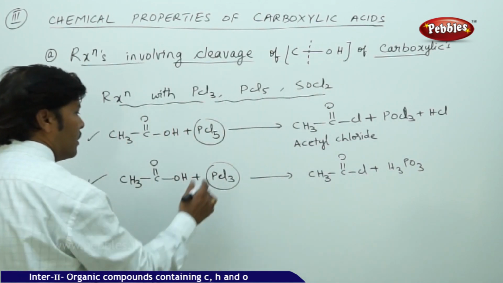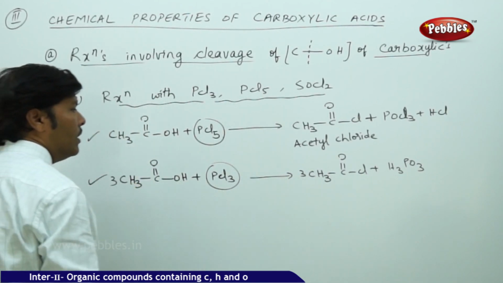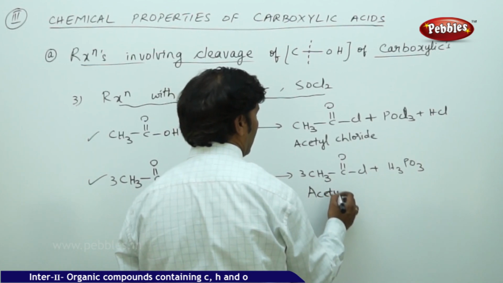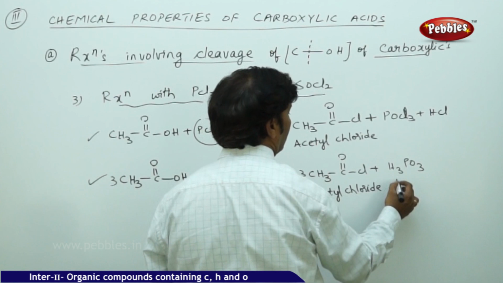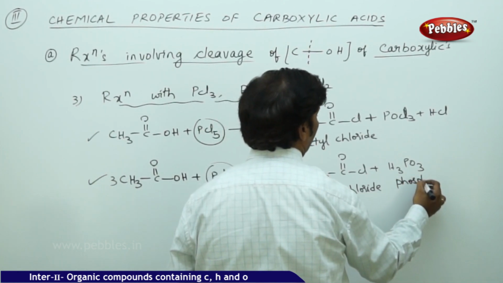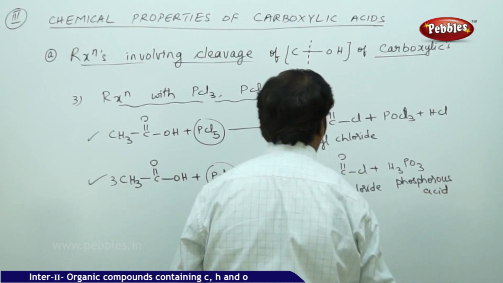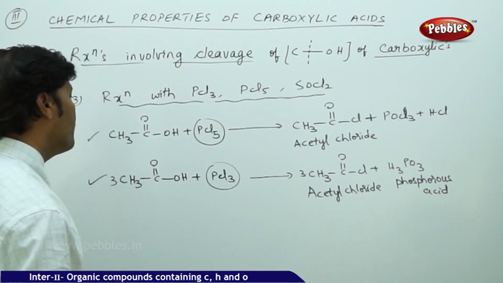Balance the equation. There are 3 chlorine, there is only 1 chlorine, so take 3 here and take 3 here. So this is acetyl chloride, and this is phosphorus acid, acetyl chloride and phosphorus acid.